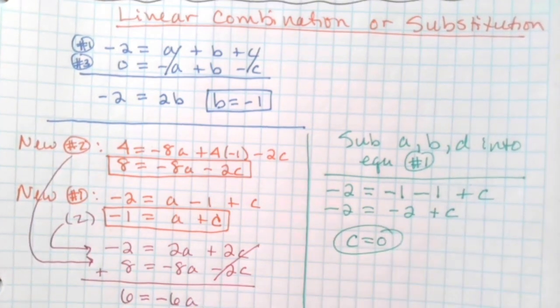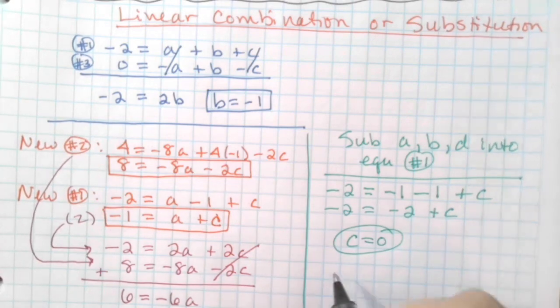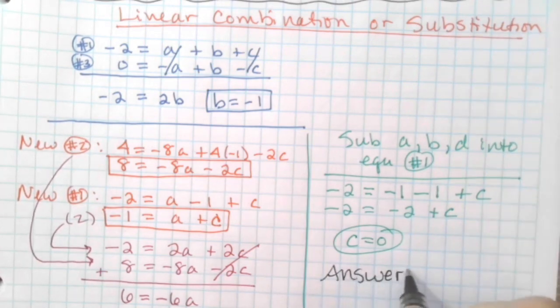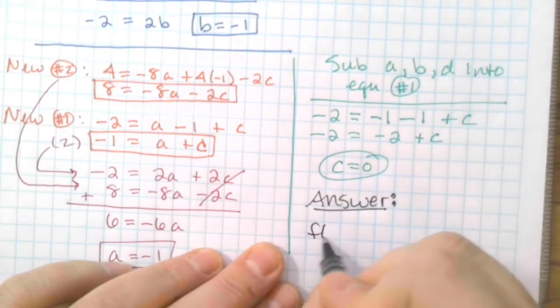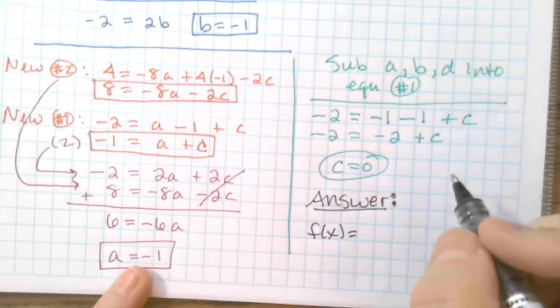Okay, now that I have A, B, C, and D, I can write my answer, filling those letters in. This is my answer. So f of x equals, now A is -1.